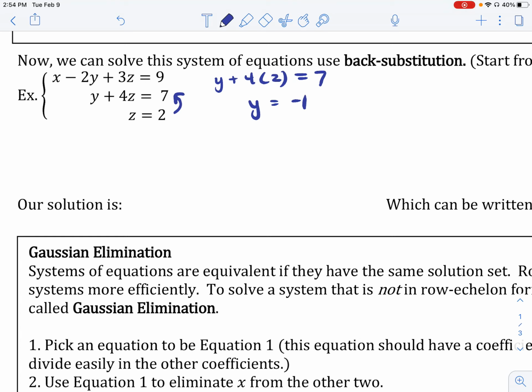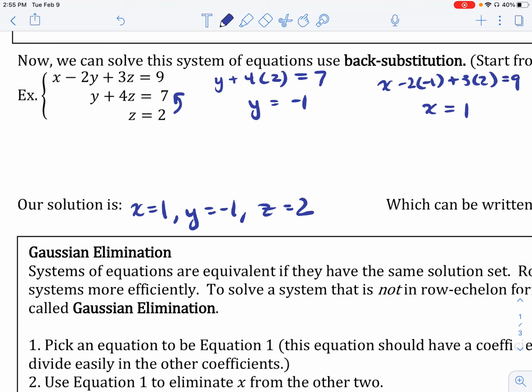Now we know what z and y are. We're going to go ahead and find what x is. So we're going to say x minus 2 times negative 1 plus 3 times 2 is equal to 9, and that means x should be equal to 1. So our solution would be x is equal to 1, y is equal to negative 1, and z is equal to 2.